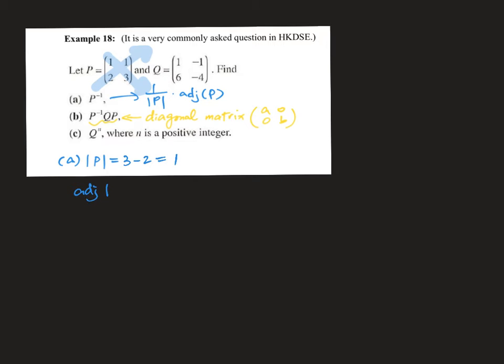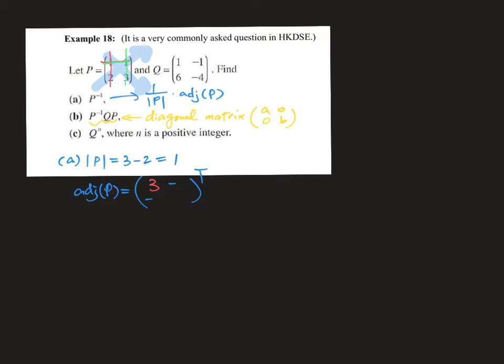Whereas adjoint of P, don't forget that there is a transpose at first, negative signs in some positions, and then you work out the answer. In the first position, you cross out the row and column, and you get a 3 here. For the second entry, you add the minus sign in the beginning. It will be safer not to miss it in the end.